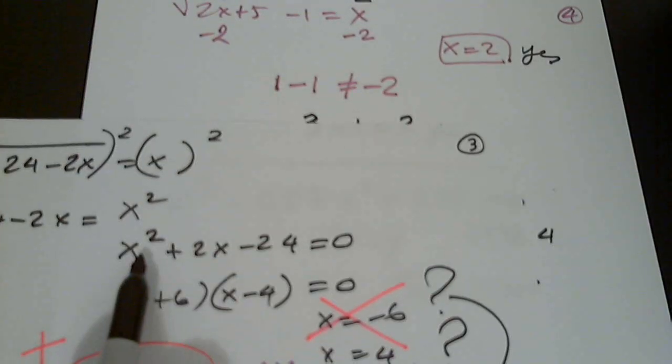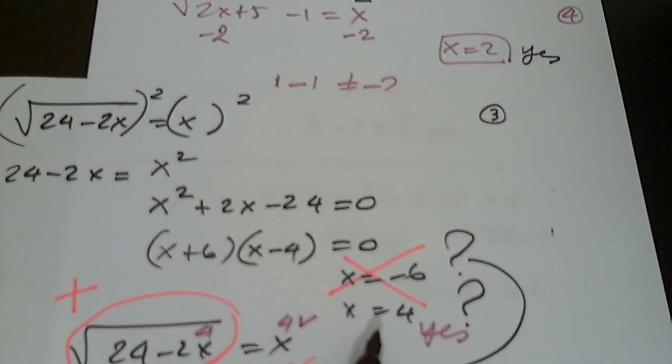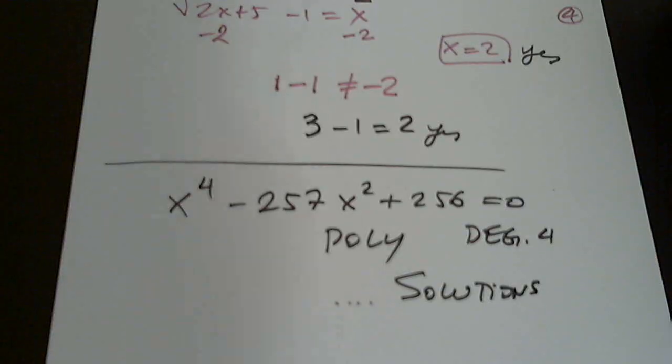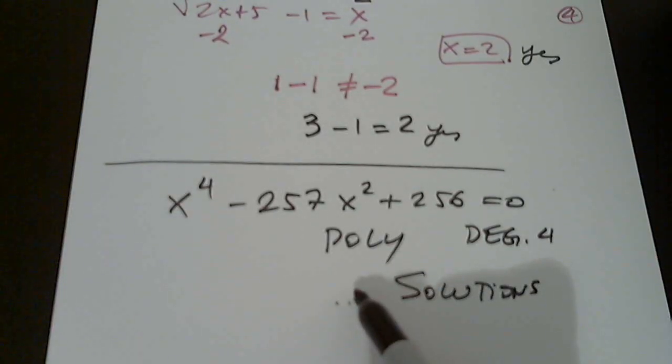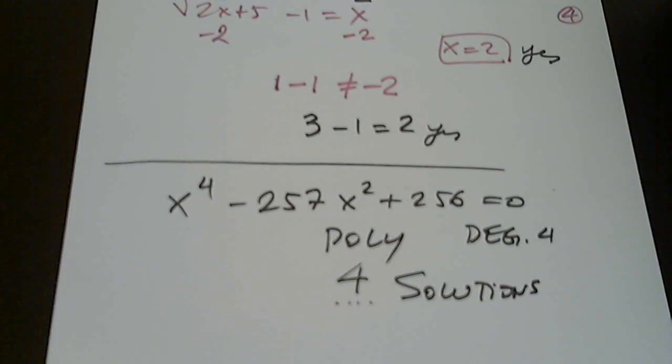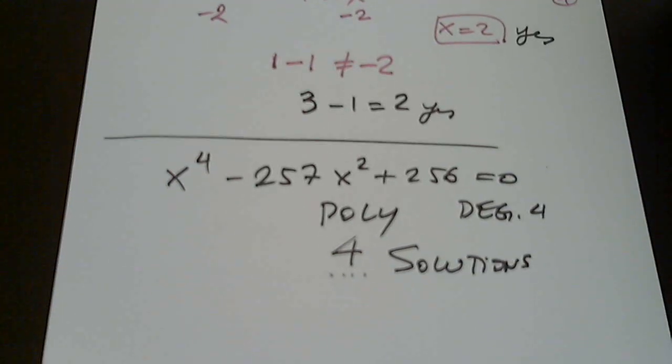When the degree was 2, how many solutions did we get? 2. Yes. When the degree is 4, how many solutions do I have to get? 4. Exactly. So the exact degree. They may be all real, they may be real and imaginary, they may all be imaginary. Who knows? But I expect 4 solutions.